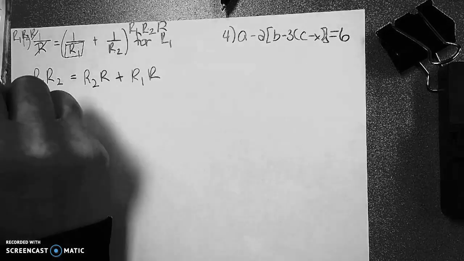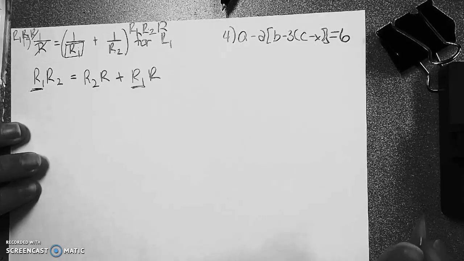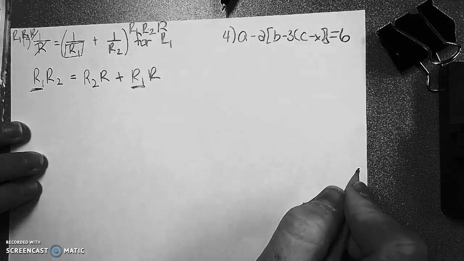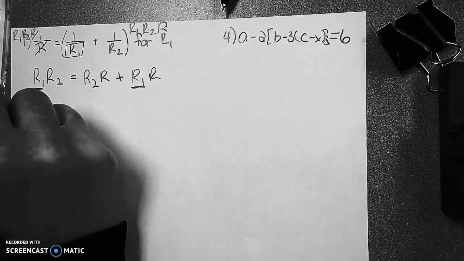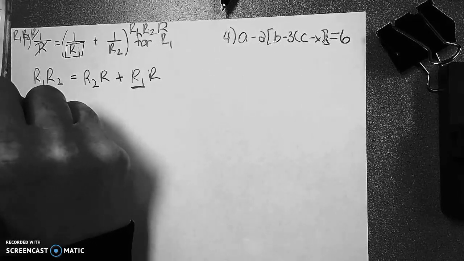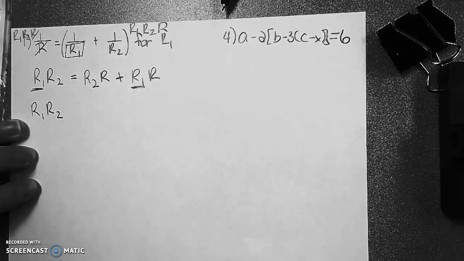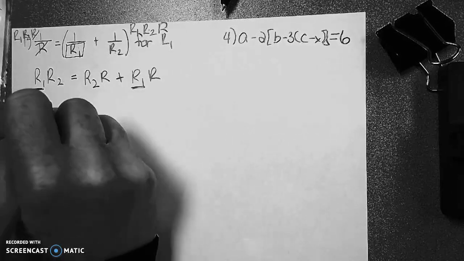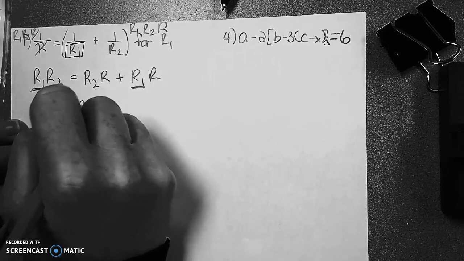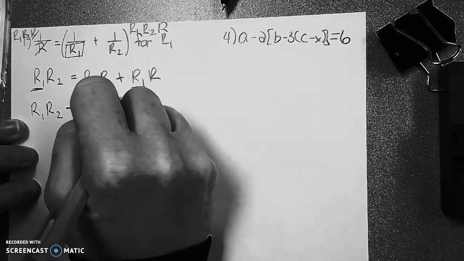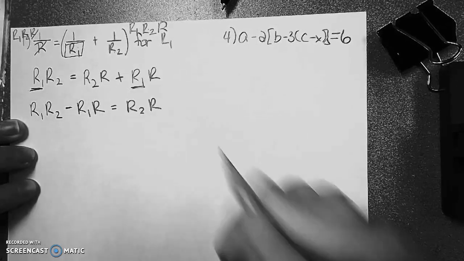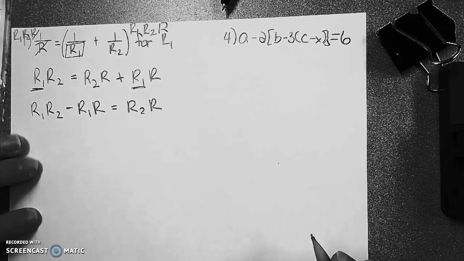Again, I'm trying to solve for r sub 1, so I'm going to get all the r1s on the same side. So I'm going to work then from the left-hand side. I'm going to have r sub 1, r sub 2. I'm going to subtract r sub 1, r. And then on the right-hand side, I'll have r sub 2 and r.